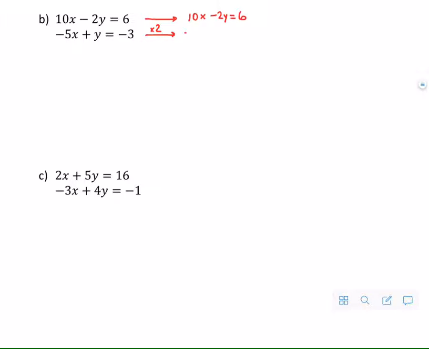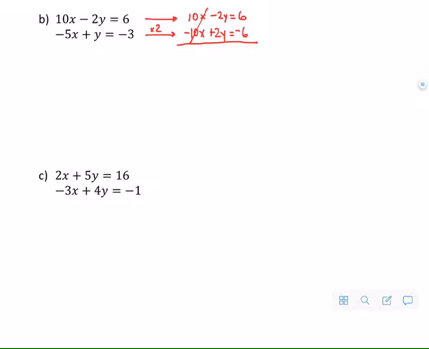So that's minus 10x plus 2y equals minus 6, right? You see what's going to happen? Add them up. What do you get?